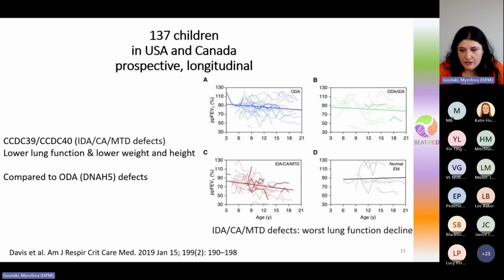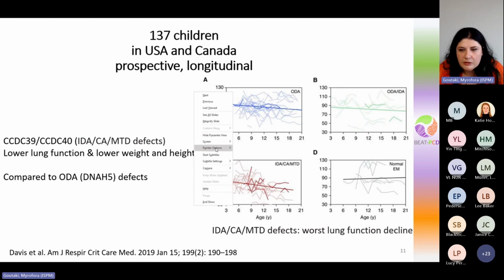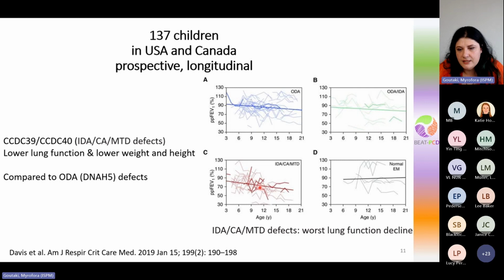What they found, again, is that the red graph, the mean slope, which is this here, is much steeper for this group in comparison with the other three groups.